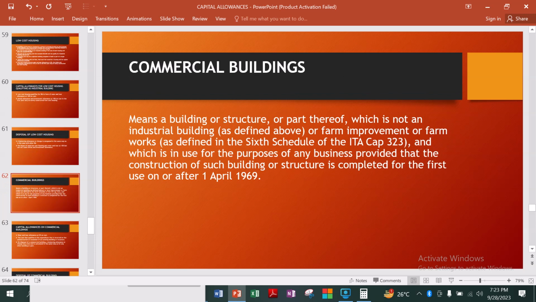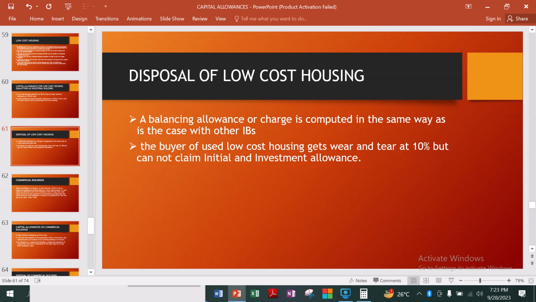That's what we can say about industrial buildings. You need to know how to calculate the qualifying cost when there is a non-industrial building part, like a warehouse, which is a commercial building, because it is treated differently.